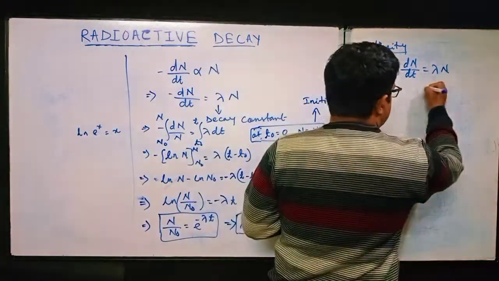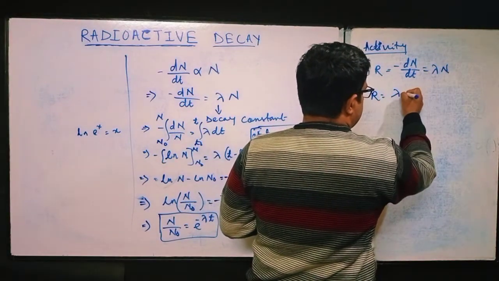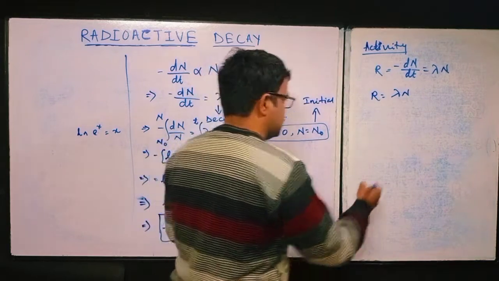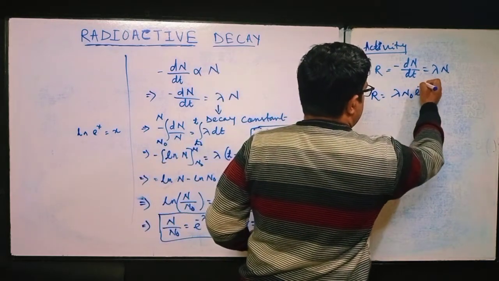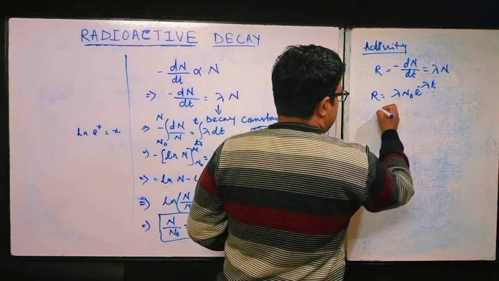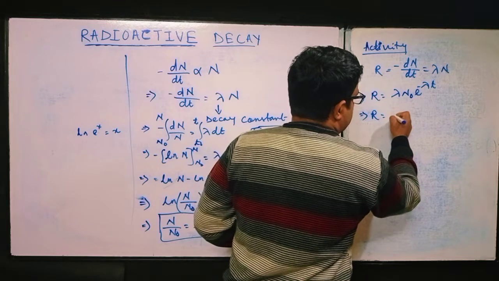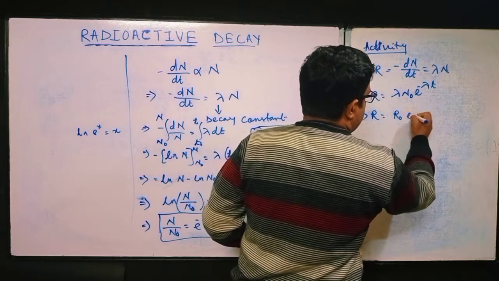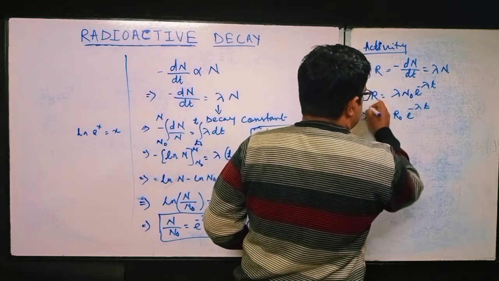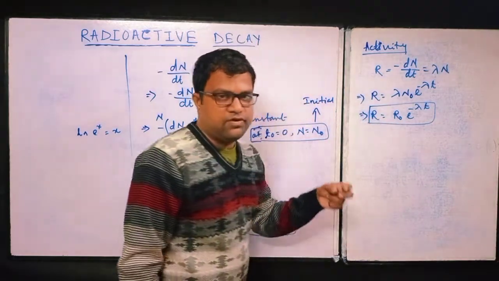So we can write that R equal to lambda n, I'll replace with n0 e to the power minus lambda t. Now lambda n0 I'll replace with another constant, that is R0 e to the power minus lambda t.